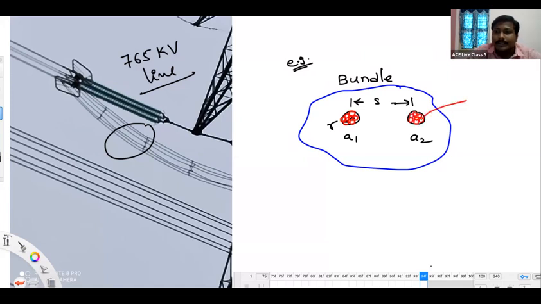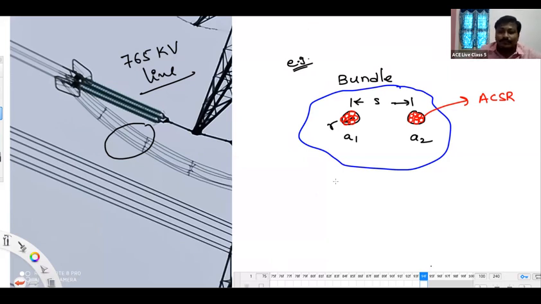So this is an ACSR. What you have to understand is that in a bundle conductor, two or more ACSR conductors are kept in each and every phase.